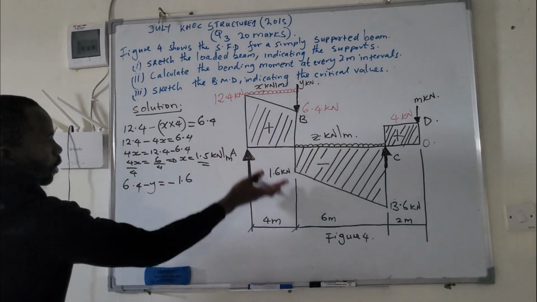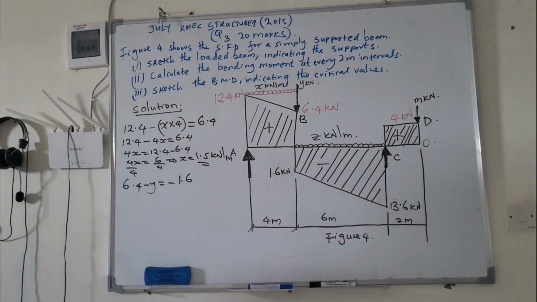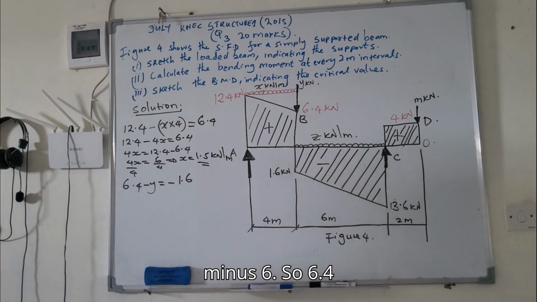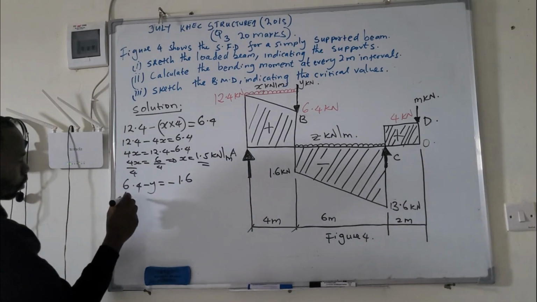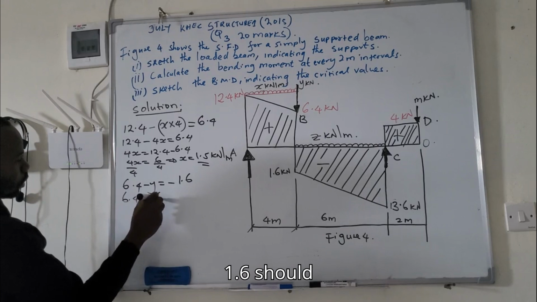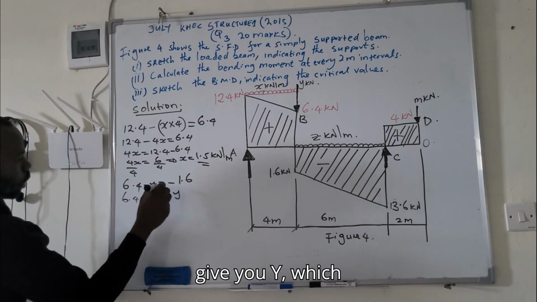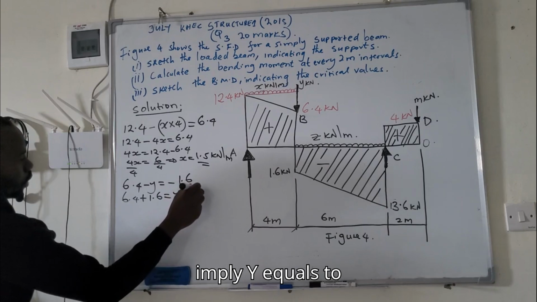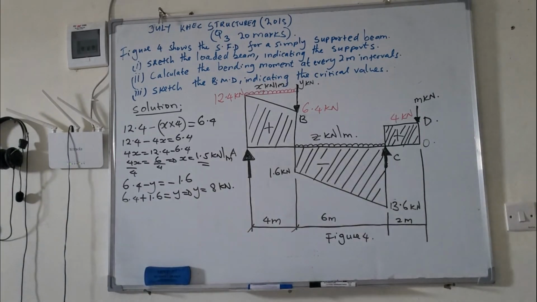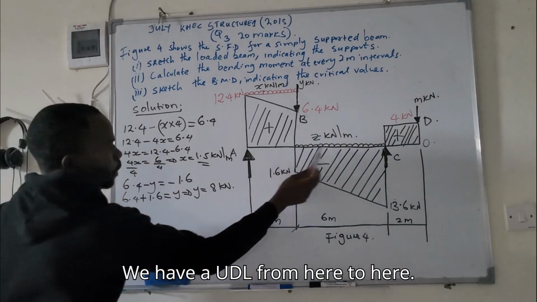Because below the baseline is negative, that's why I have used minus. So 6.4 plus 1.6 should give you Y, which implies Y equals 8 kilonewton.